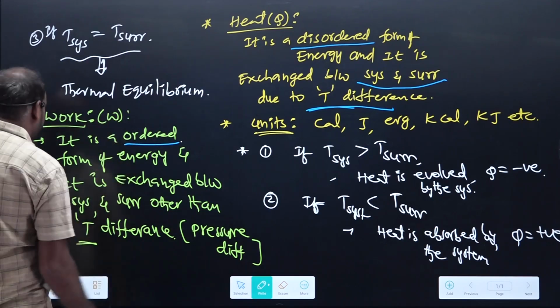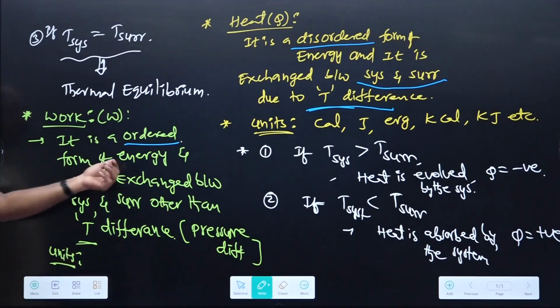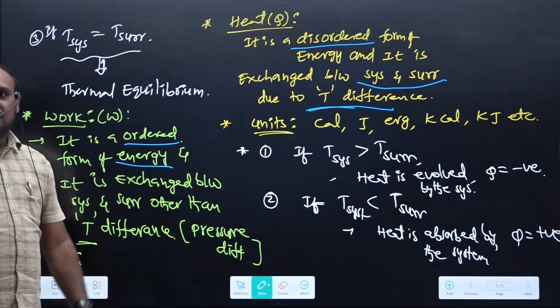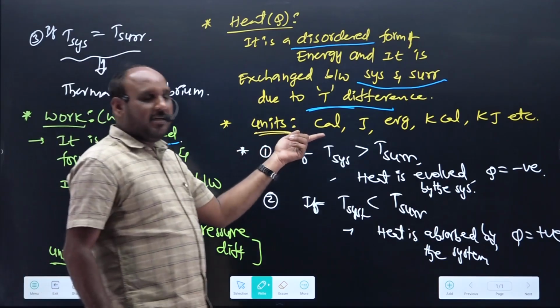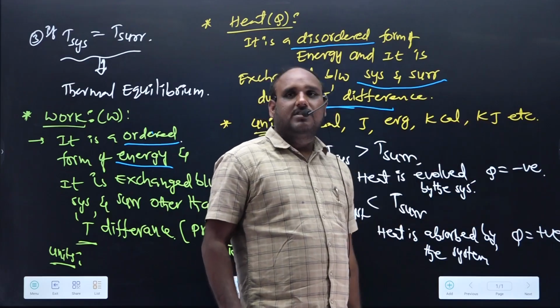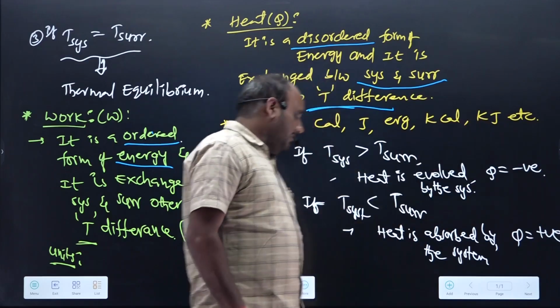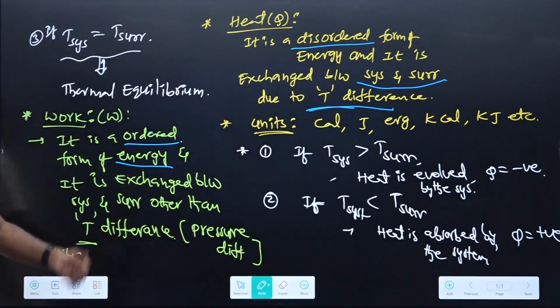What are the units of work? Same units, because it is also what? Energy, right? It is a form of energy. Energy units are what? Calories, joules, ergs, kilocalories and kilojoules, right? But with respect to pressure difference, some more units we have to add, right?